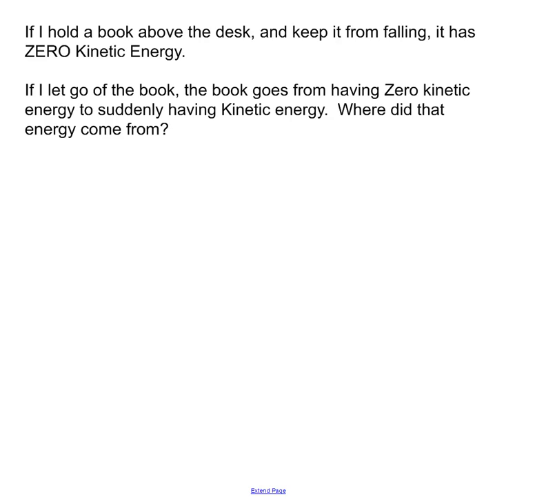When we let go, the force of gravity will do work on that object and convert some of that gravitational potential energy into kinetic energy. So those two things are related, and they can be transformed from gravitational potential energy to kinetic energy and back through forces doing work on them.